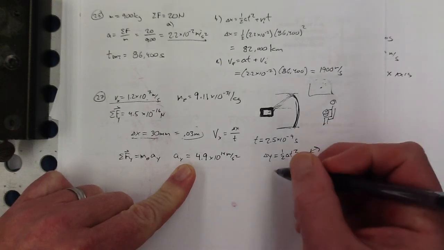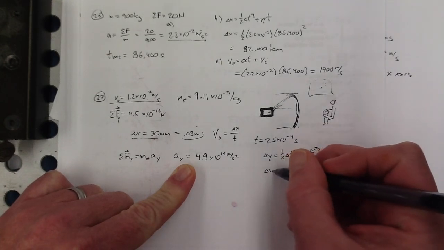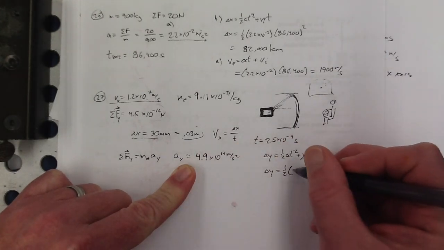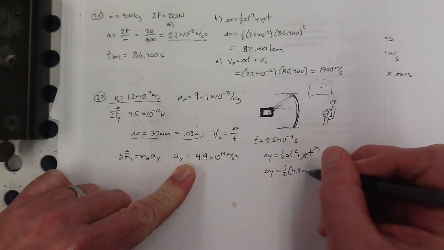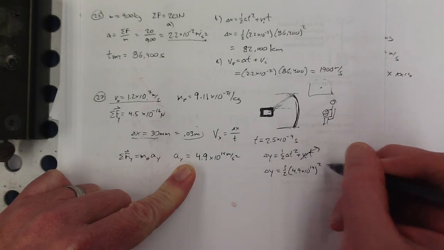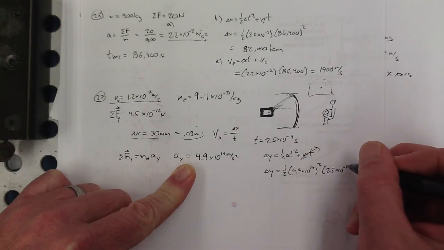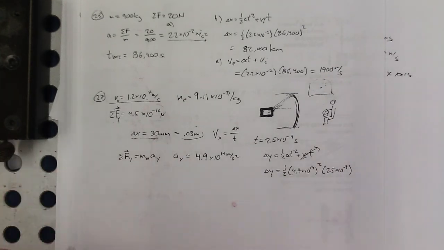So my delta y, how much it's deflected, is 1/2 times this whopping acceleration, but it does not get to do that acceleration for very long. And let's see how we did. I got kind of a bad feeling about this, I'm not going to lie.